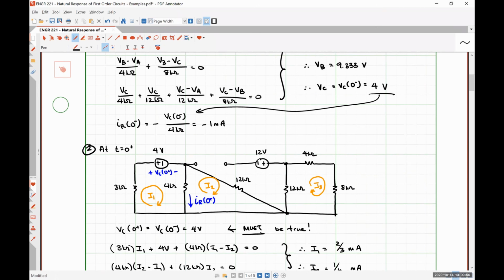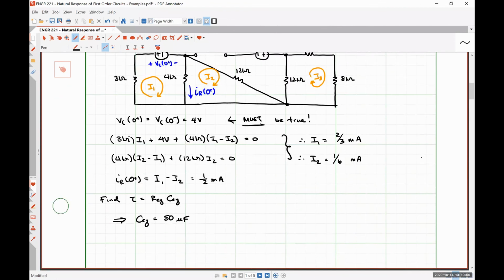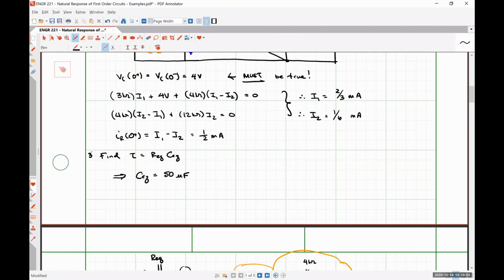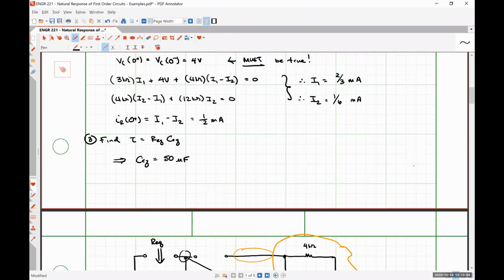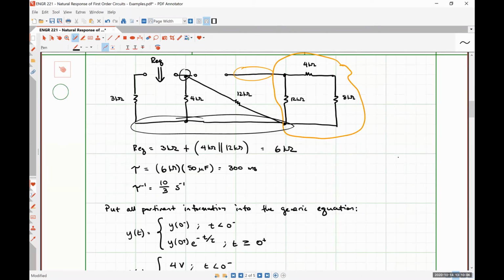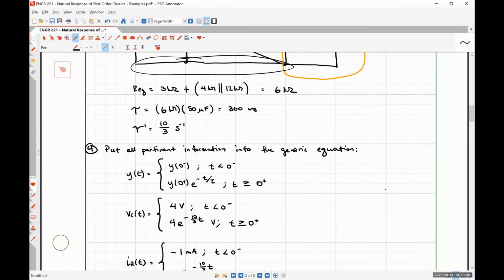If we're interested in literally anything else, we do have to analyze the circuit at t equal to 0 plus. Our third step is to find the time constant for our circuit. And our fourth step is simply to put it all together in our generic equation. If you can do those 4 steps in that order, you're guaranteed to get it right every single time, okay?